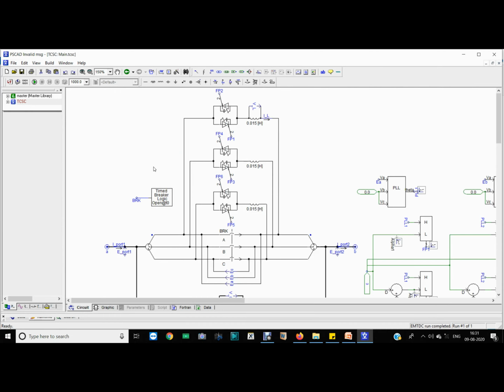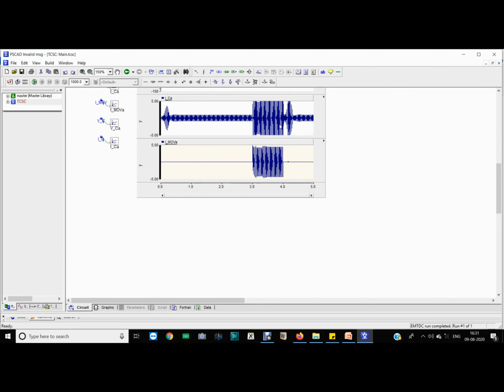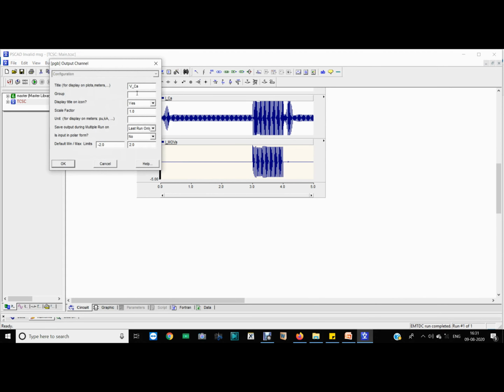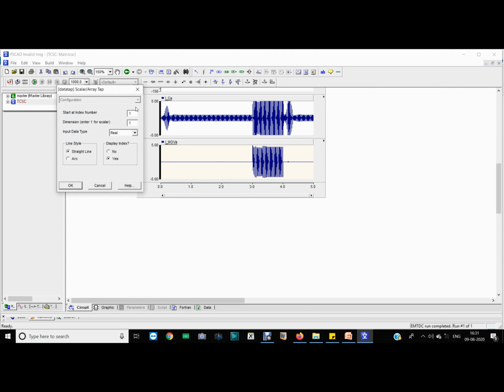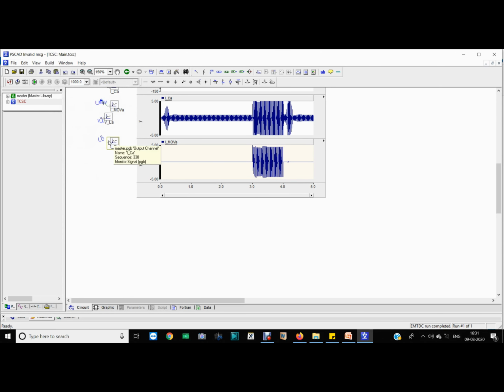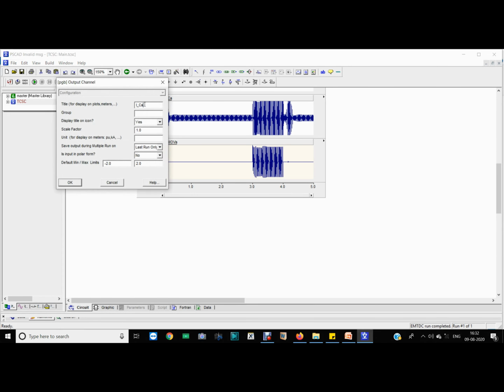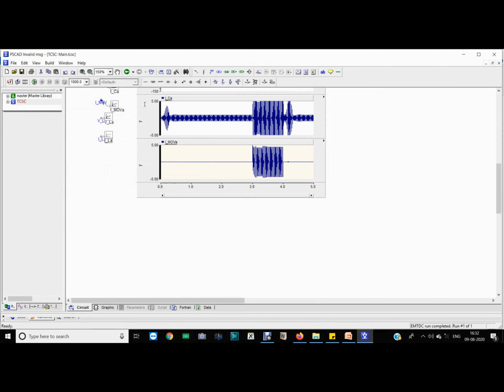Now we can see that this VL and IL is connected in phase in this circuit, so we don't need to give this data tab, we can directly connect through it. And this is VL, this is actually equal to VLA, and I need to delete it first. IL, this is actually ILA.